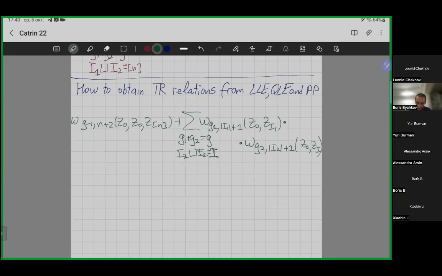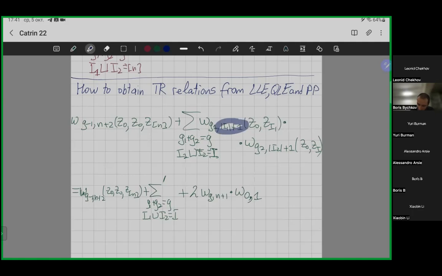These are exactly those summands which are missing in the recursion relations, and then we obtain something like the following: omega G minus 1, n plus 2, plus some prime of these terms, plus 2 times omega G,n plus 1 times omega 0,1. Here we have I2 plus 1 modulo I1 plus 1, so we obtain 1 if one of those is empty.